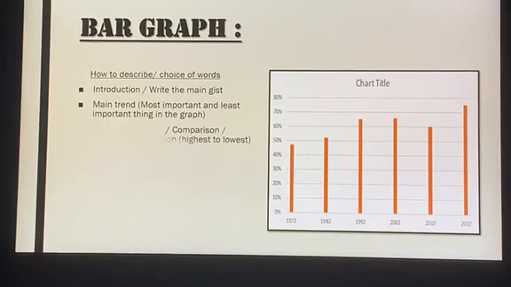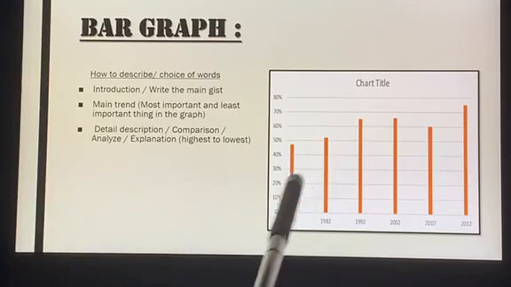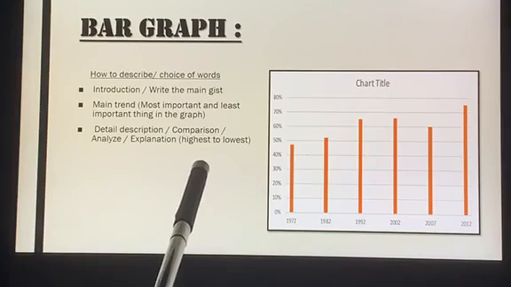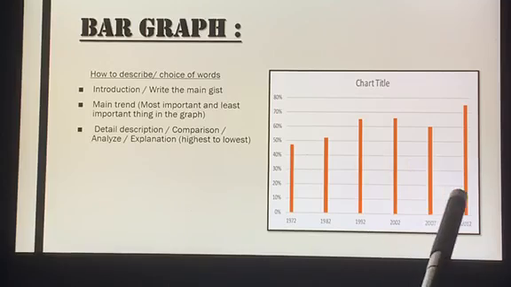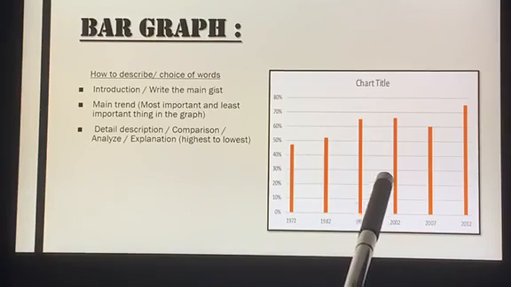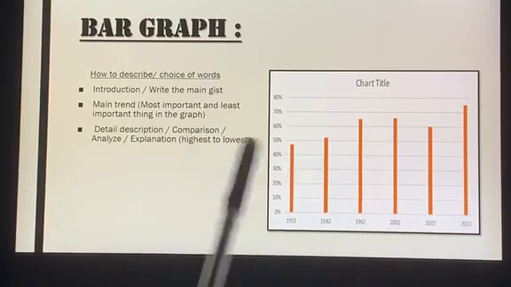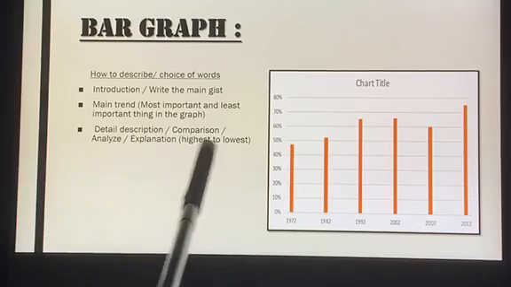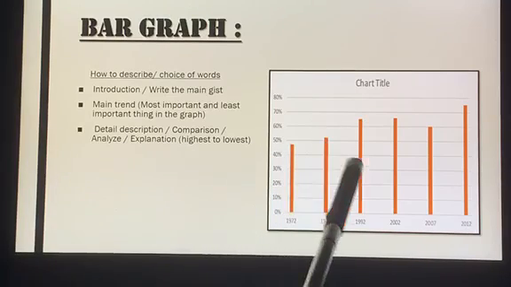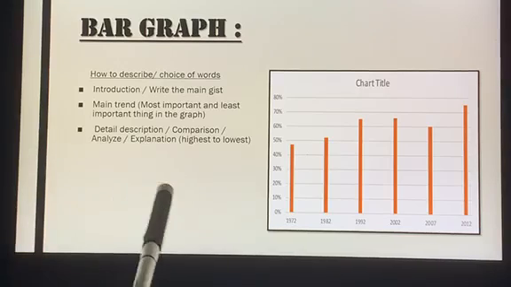In the third part, this is the main part of your description. Here you write the detailed description, or if the bar is about comparison, if it is comparing some information, then you write the comparison, or if it is an analysis, then you write the detailed analysis or explanation.